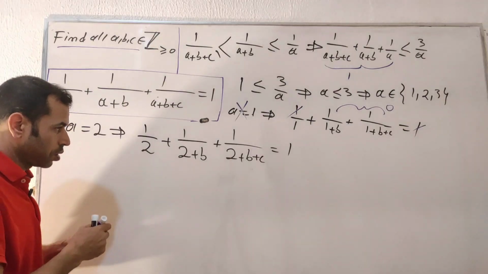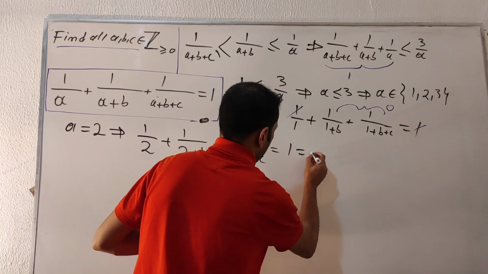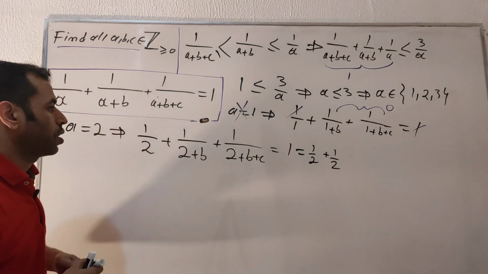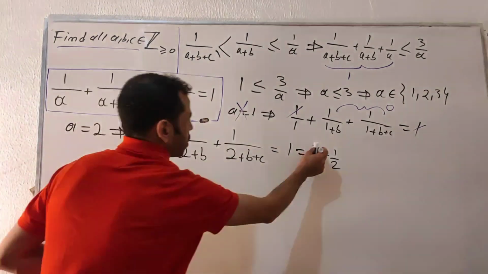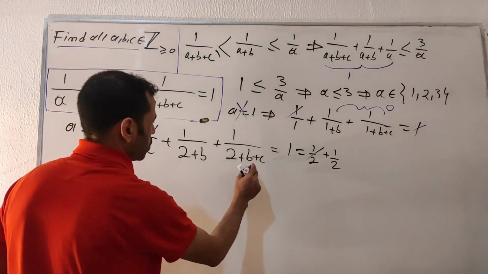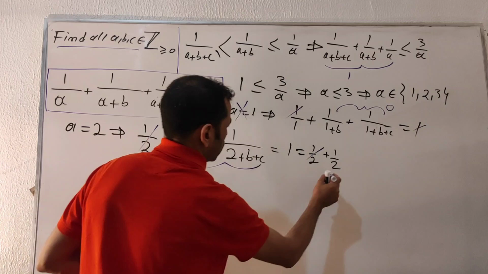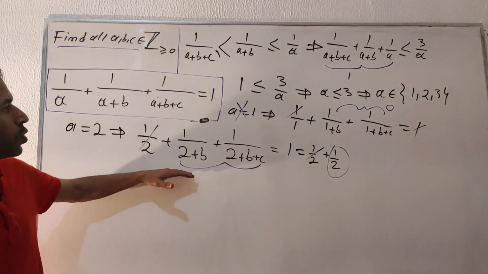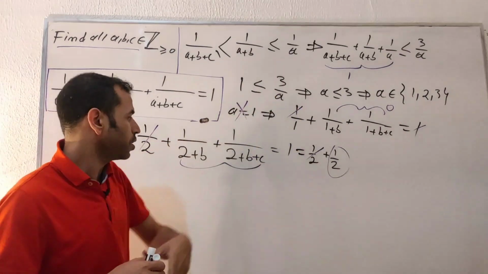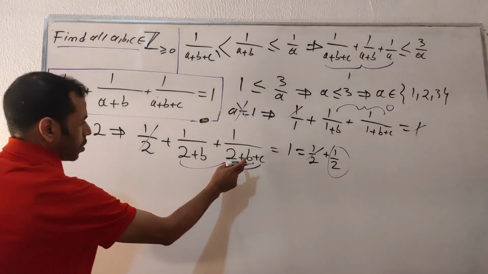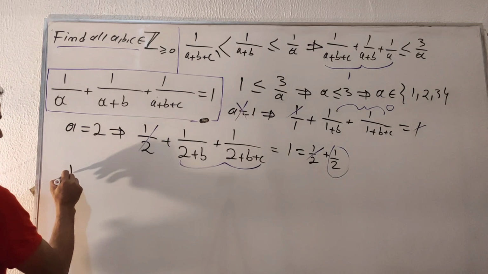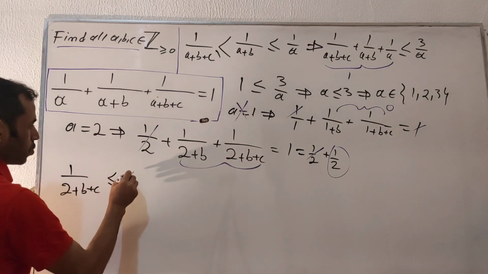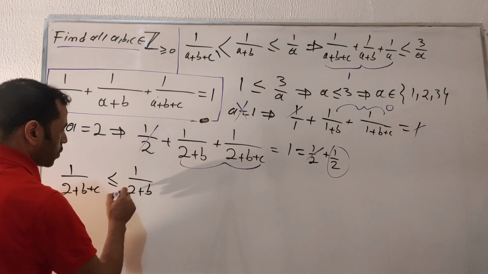So I cancel a half from both sides, and I will be left with these two terms equal to half. I use the same argument as previously: 1/(2+b+c) is less than or equal to 1/(2+b).